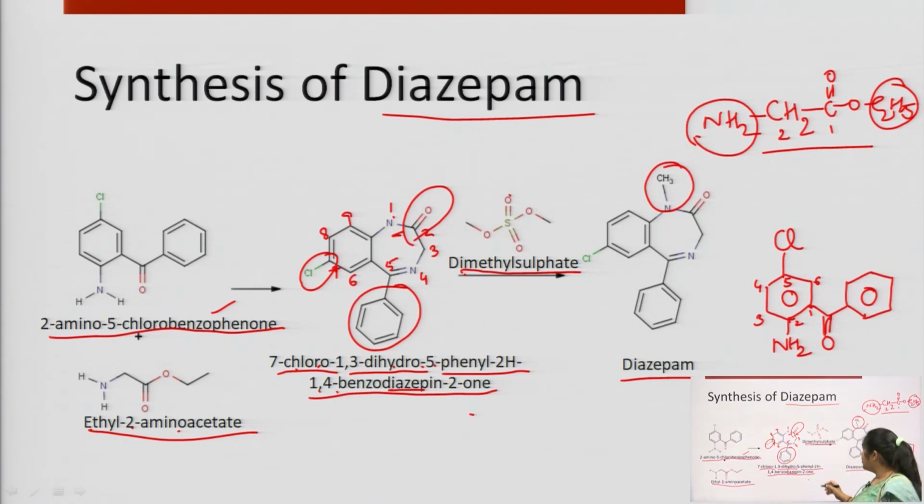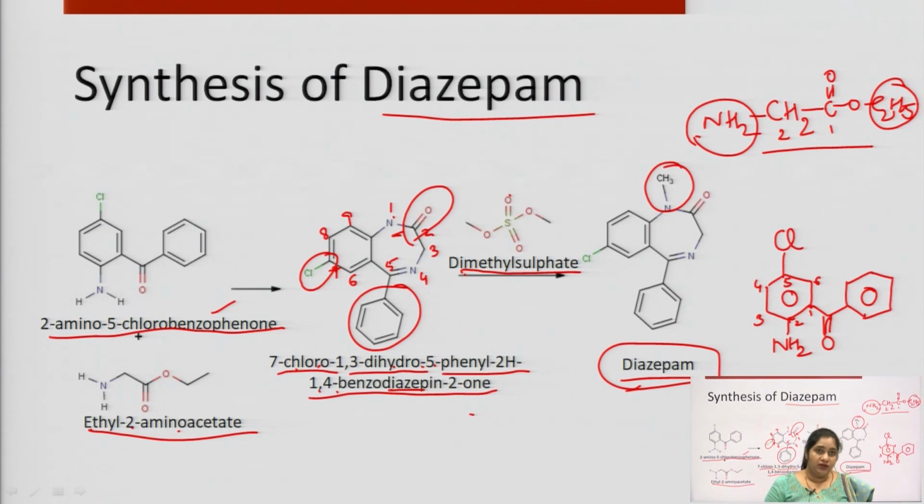With further addition of dimethyl sulfate, there is formation of diazepam. So this is one of the most important syntheses in sedatives and hypnotics. In the next lecture, we will do the further classification of benzodiazepines, including other categories.